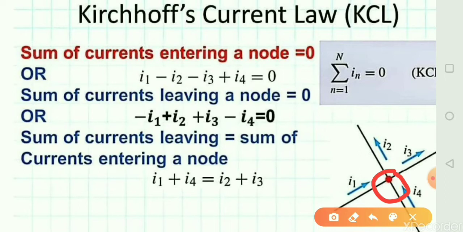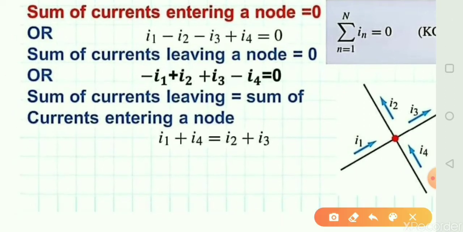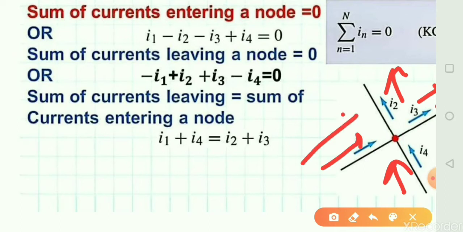As you can see, currents I1 and I4 are entering the node, and I2 and I3 are outgoing currents, or we can say are leaving the node.